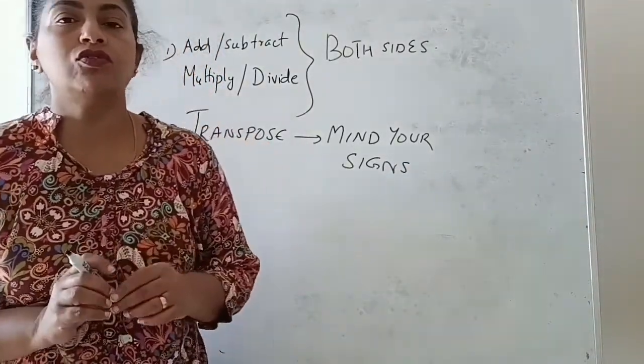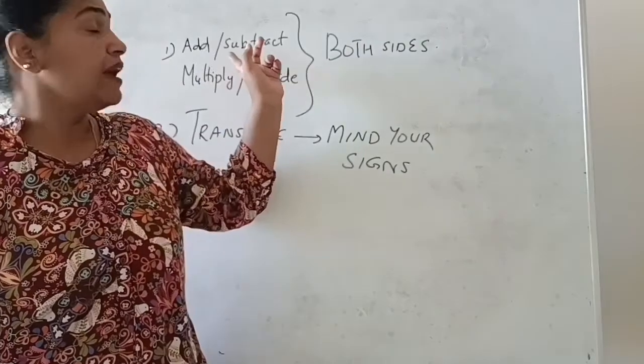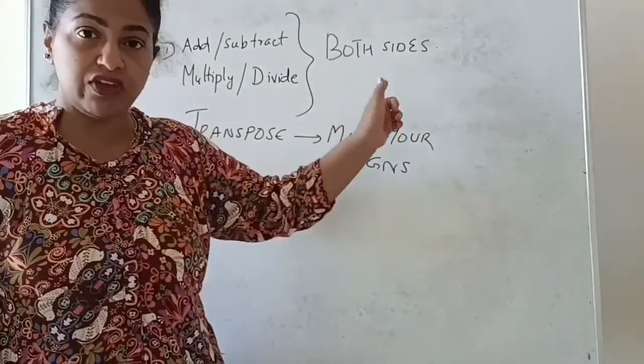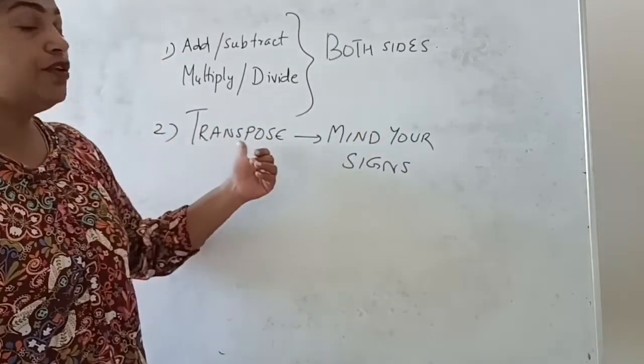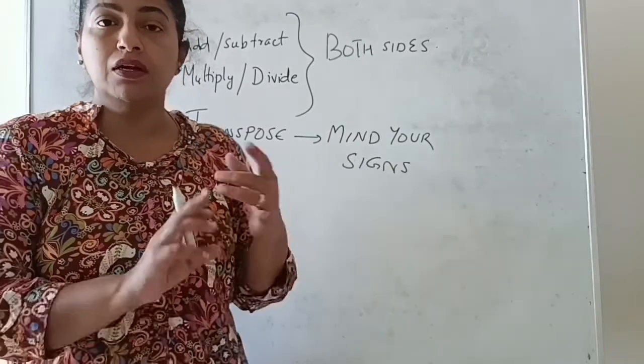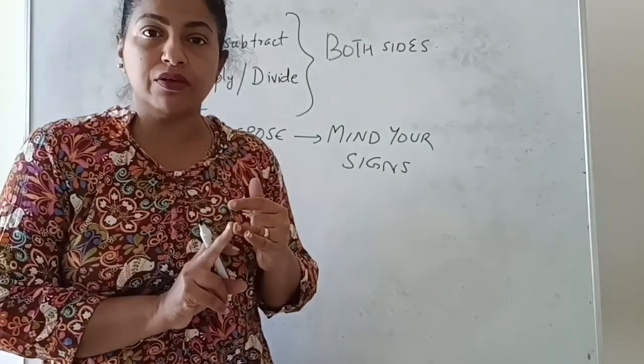Here I have written down the rules. Add, subtract, multiply or divide has to happen on both sides of the linear equation. If you are transposing terms, please mind your signs. Okay. Do not multiply or divide by a 0.